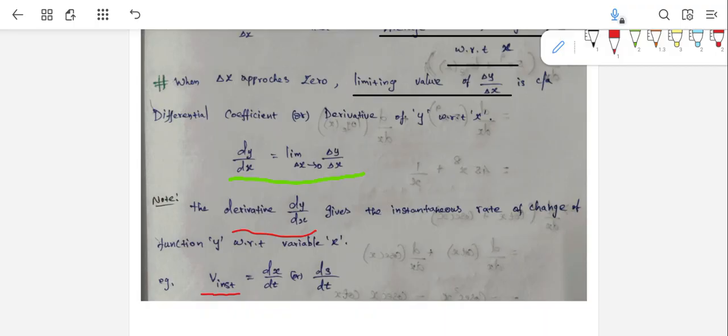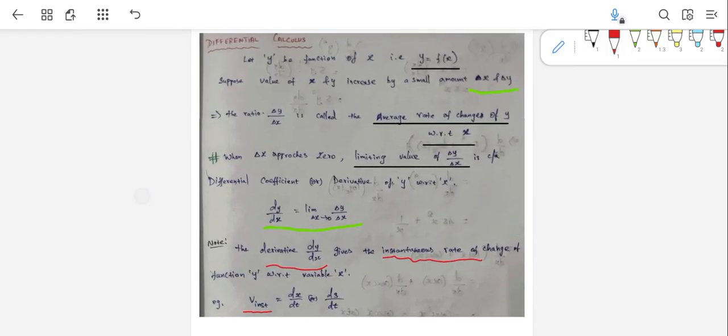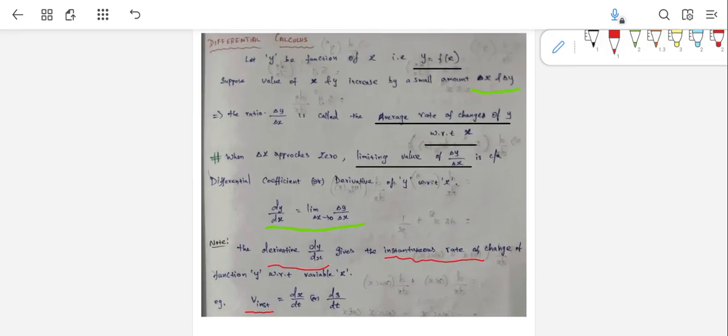So when speaking about instantaneous velocity, as I said, to find any instantaneous rate of change you can use differentiation. That's why instantaneous velocity is equal to dx by dt, or you can say ds by dt. It means this x or s denotes the displacement, divided by dt, the time. Same formula only, guys, so nothing to confuse. Be clear here. This is the basic definition and introduction about differentiation.